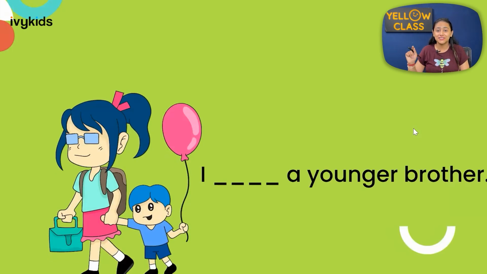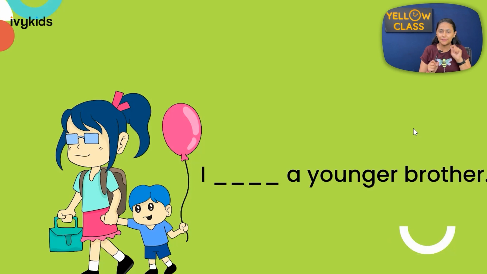I dash a younger brother. So this is my possession. I dash a younger brother. Now quickly think, recall what I have already told you and tell me whether we will put has after I or have. Has or have. Quickly share your answers in the comment, everybody. It will take 10 or 15 seconds if you write your answer.